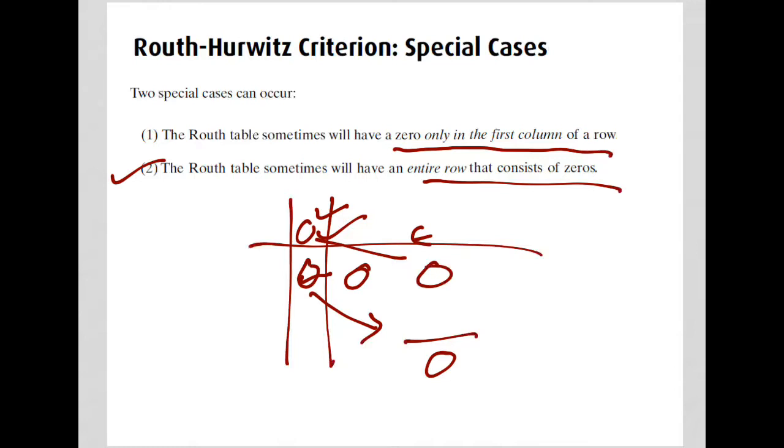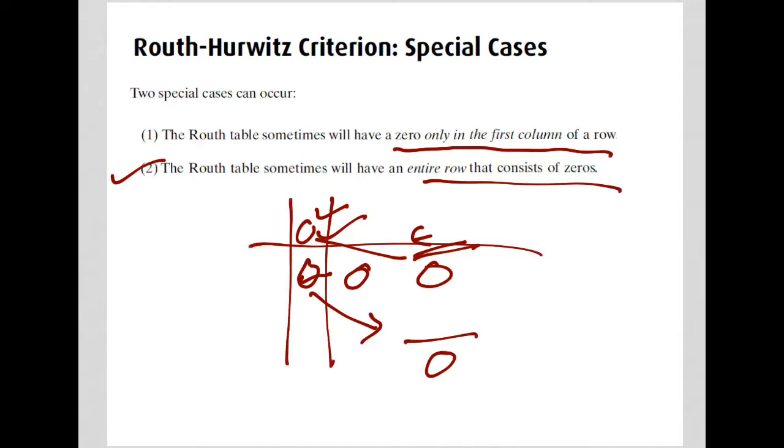Then the value of this epsilon is allowed to approach 0 from either the positive or the negative side, after which the signs of the entries of the first column can be determined. So instead of 0, we replace it with an epsilon.